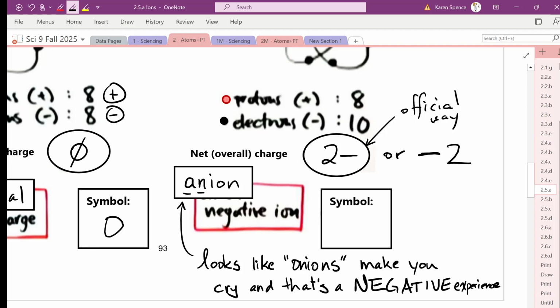So 2 ways to remember that one: a negative ion, an onion, or onions make you cry. That's a negative thing. Anions are negative.